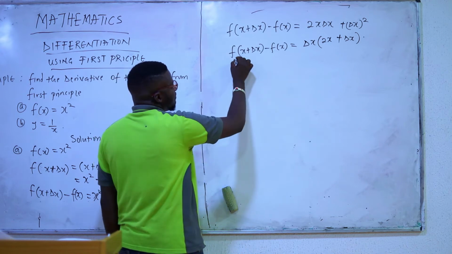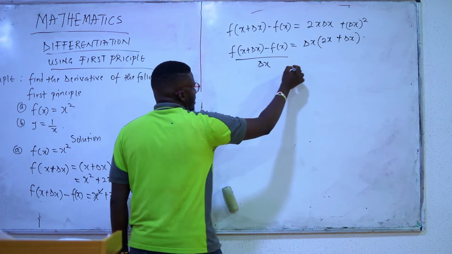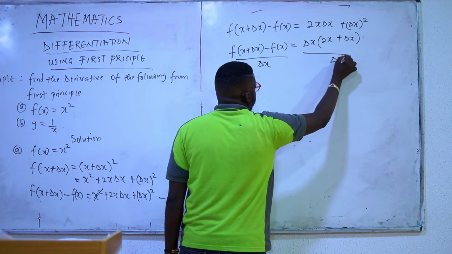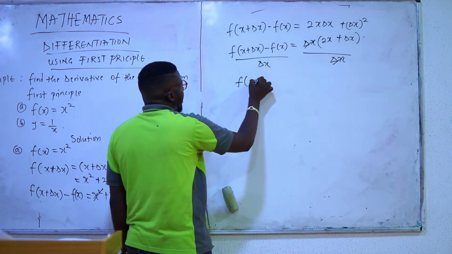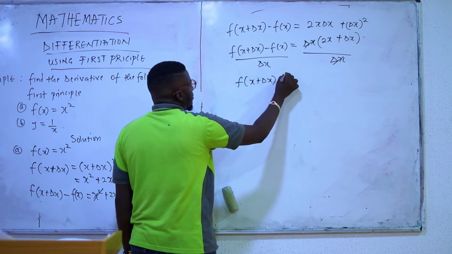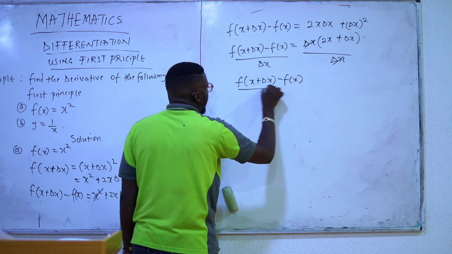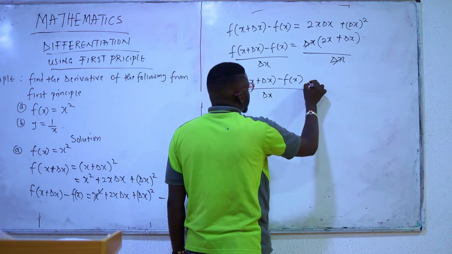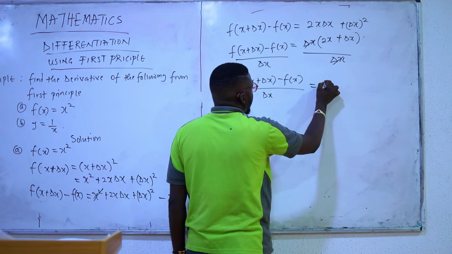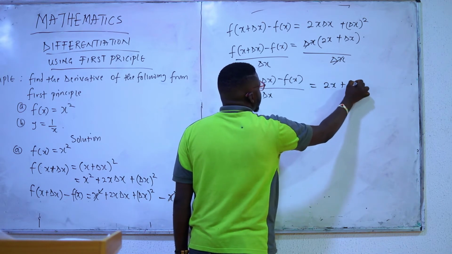So all I need to do is to divide both sides by change in x. So if I divide here by change in x, this and this will go. So I'll be having my f of x plus change in x minus f of x divided by change in x is equal to 2x plus change in x.